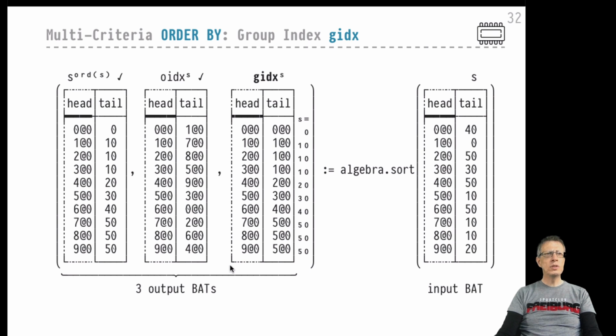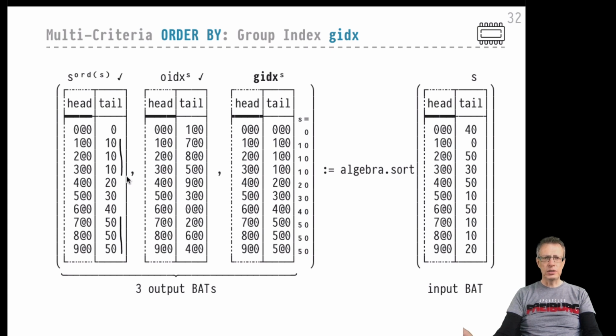And then this group index would indicate if there are repeating value groups inside this ordered S BAT. You see there is this repeating group of 50s and there's this repeating group of 10s. These values do not provide a final ordering criterion in a situation where we have multiple criteria order by. So these rows agree in their S values.